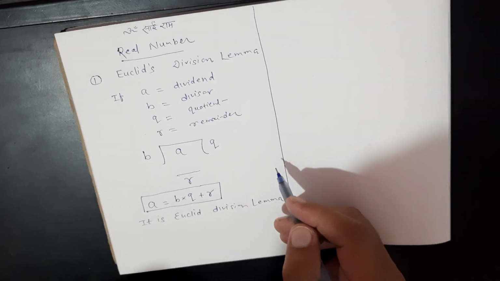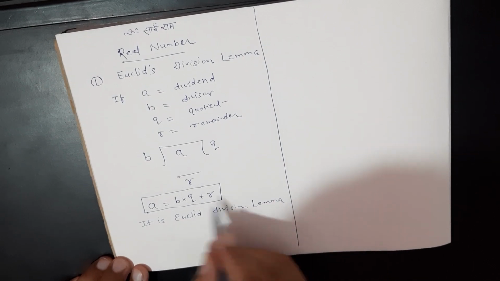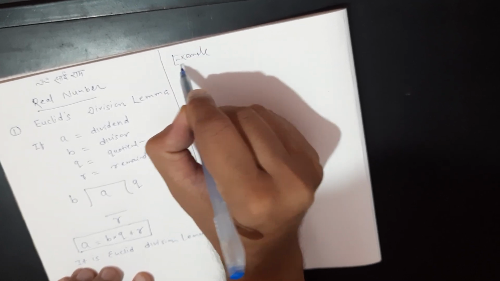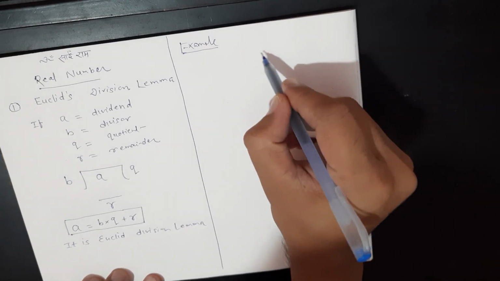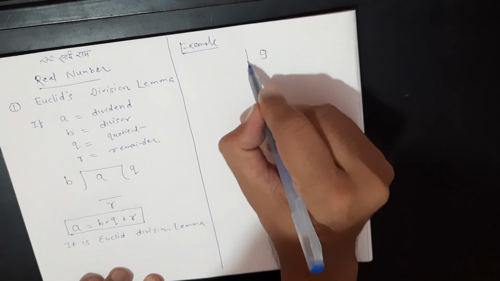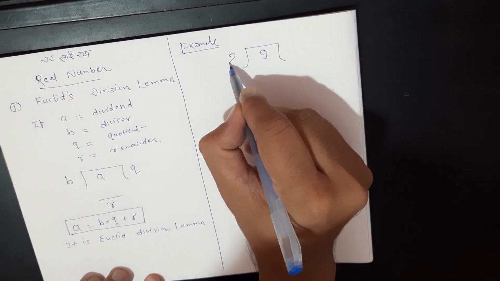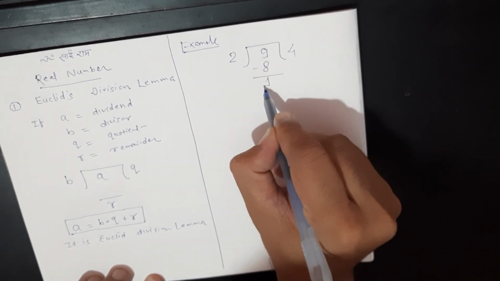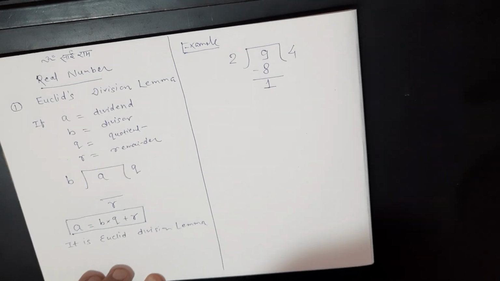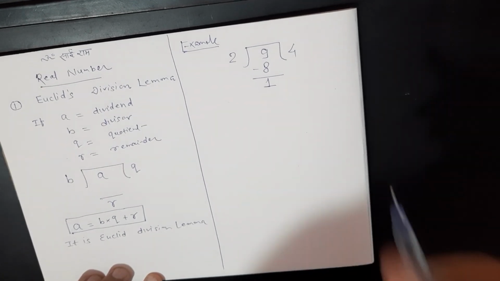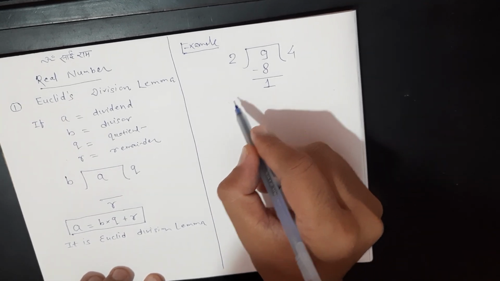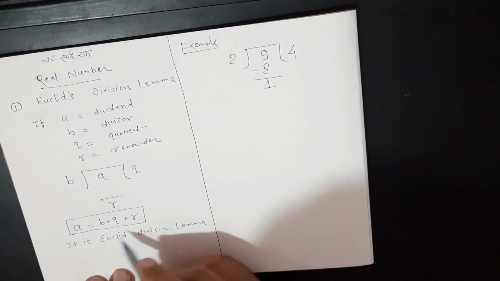Now we have to see by example what it says. Look at some example. By simple number I am taking here. Suppose you are having number 9 and you are dividing by 2. What comes? 2 4s are 8. Remainder is 1. Then by Euclid division lemma, what says?